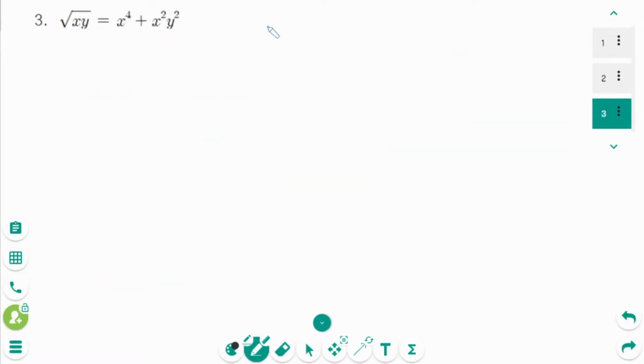Question 3, we can rewrite as x times y to the power of 1/2 equals x to the power of 4 plus x squared times y squared.